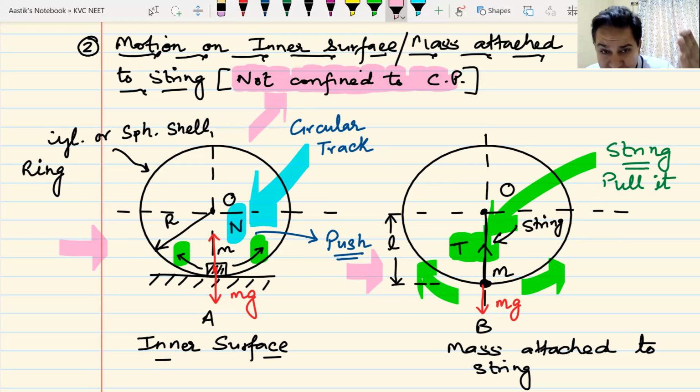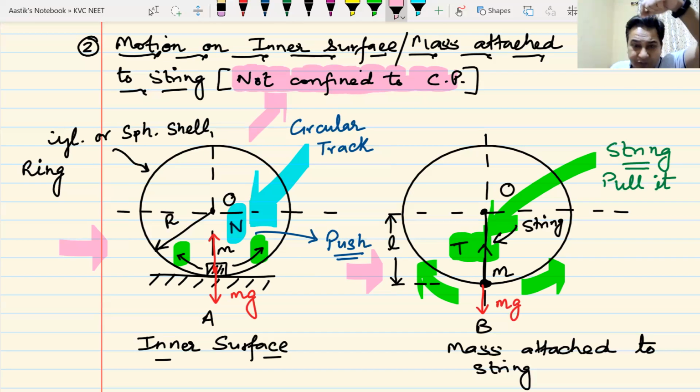This block will lose contact at some point. So it will fall down and it will not be moving on a circular path, and therefore this motion is not confined to a circular path.